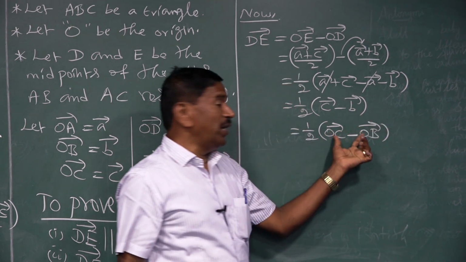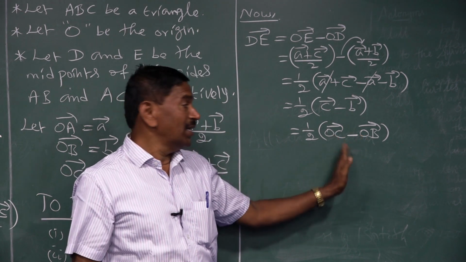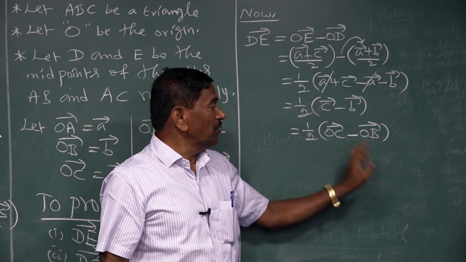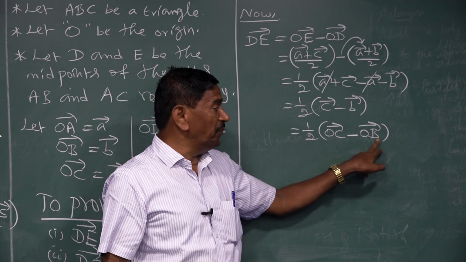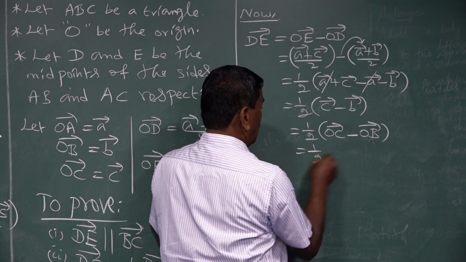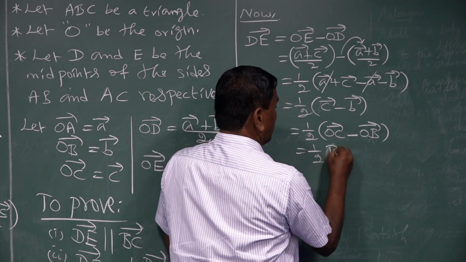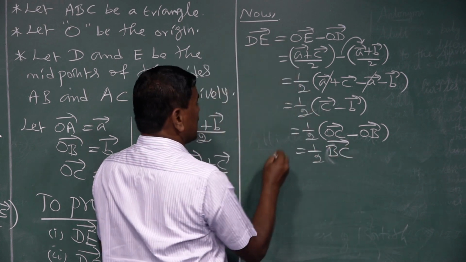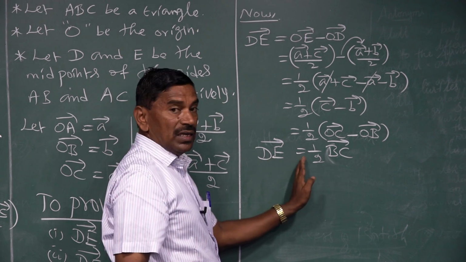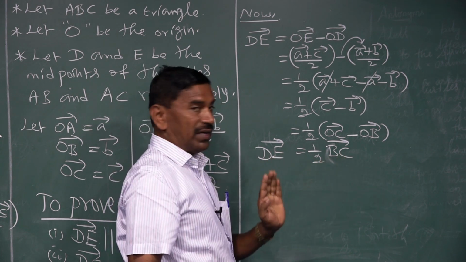Now it is of the form second minus first, which means C second, B first, which means BC vector. That is equal to half into BC vector, whose left hand side is DE vector. Listen. DE vector is equal to half into BC vector.